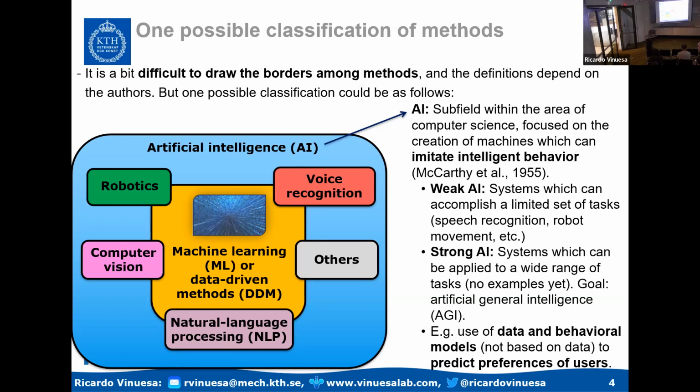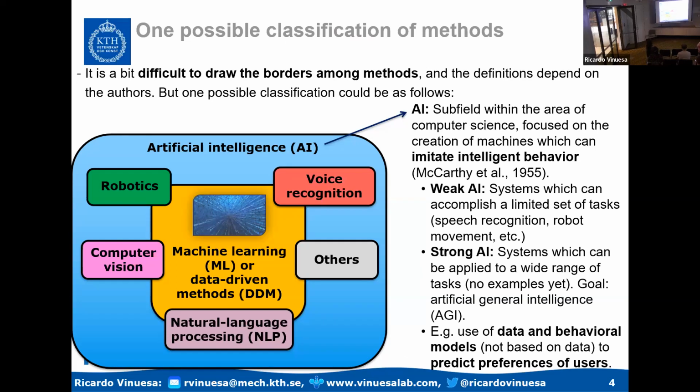If we want to differentiate AI from other data-driven methods that I'm going to talk about in the next slides, AI does not necessarily rely only on data. That's maybe one difference that one can establish. For example, AI can also include behavioral models.